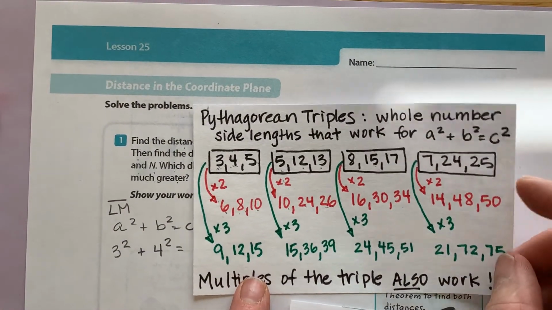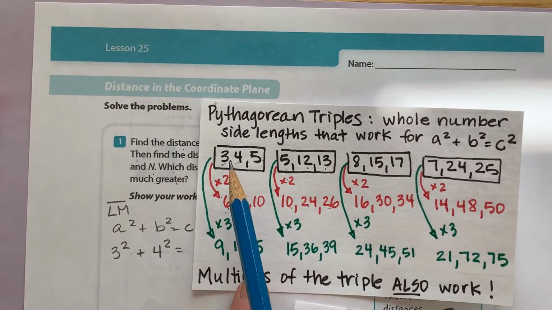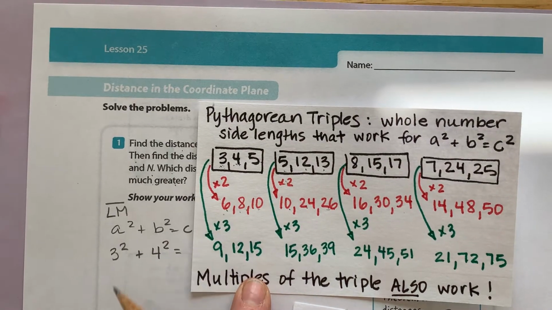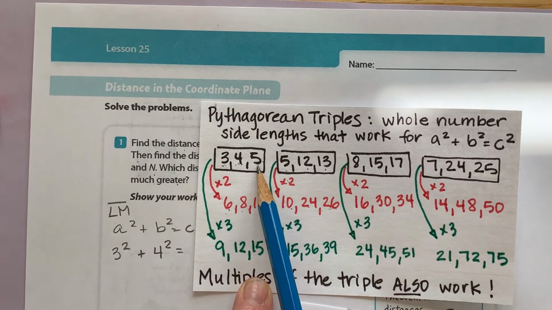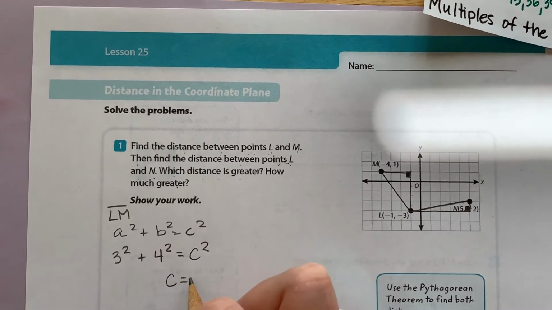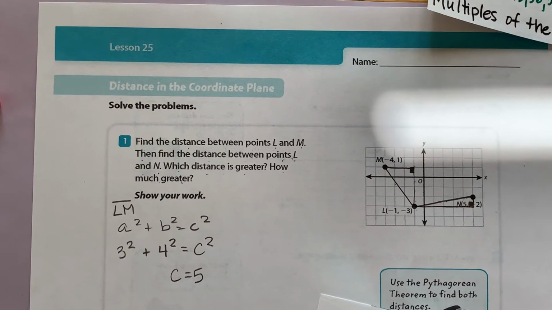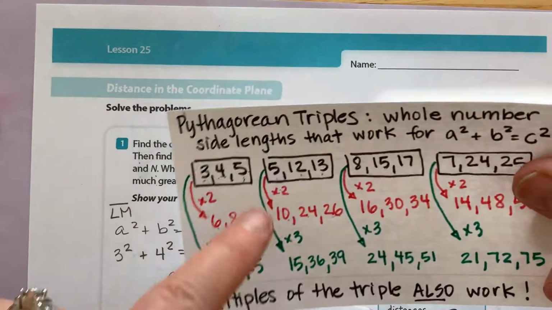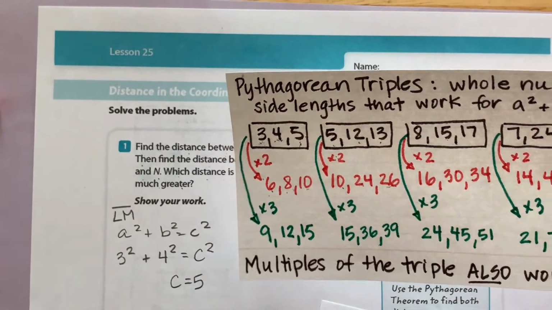Remember, we talked about this in the last video. So I have legs 3 and 4. Without doing all the math, I already know what the hypotenuse is. It is 5. So I know that c is going to be 5 because I was a smart mathematician and I used what I know about patterns to save myself some work.